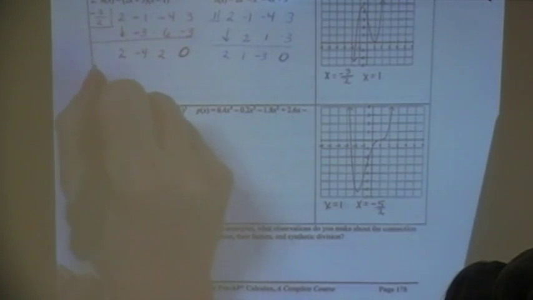So set up your little box. We'll do one first. That's the easy one. Make sure you have descending exponents. I do, so I don't need any placeholders.